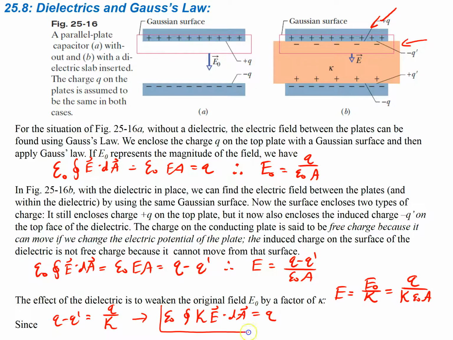So here's our Gauss's law for dielectric. All we're really doing is multiplying your Gauss's law by kappa. Now we kept kappa inside the integral because what if kappa changes throughout the dielectric? So it could be a variable, so we're going to leave that inside the integral.